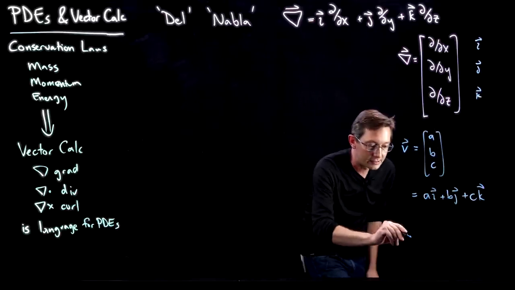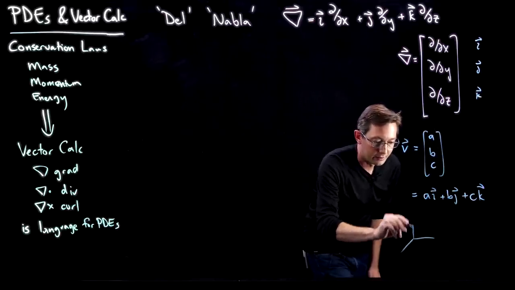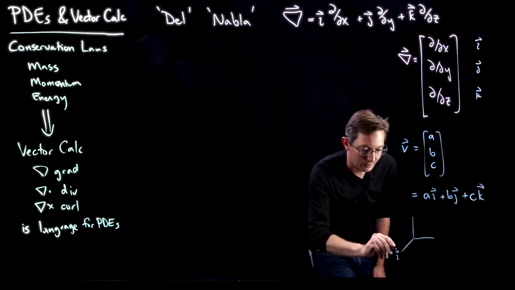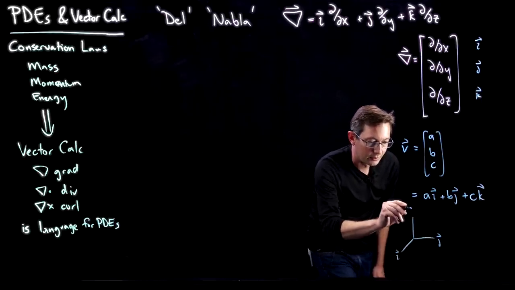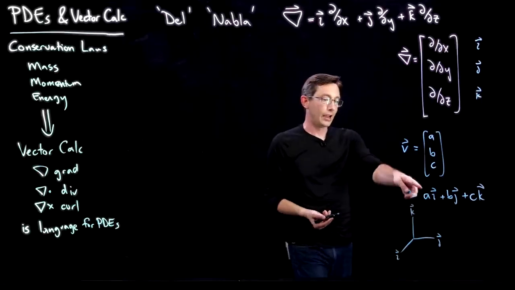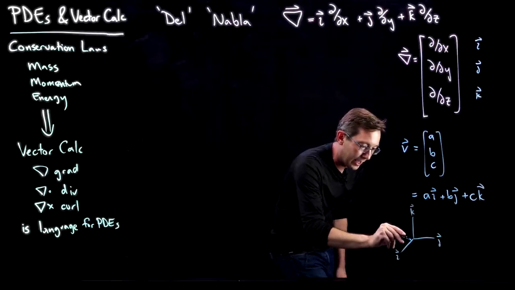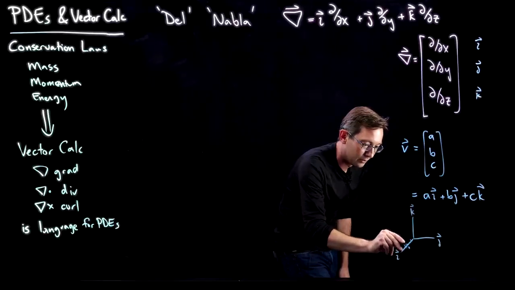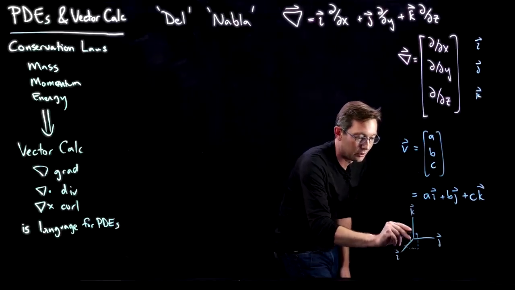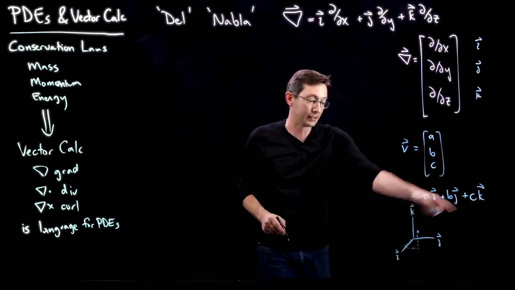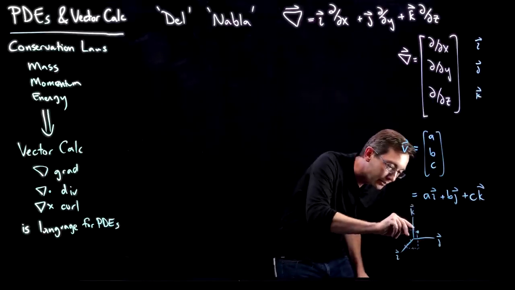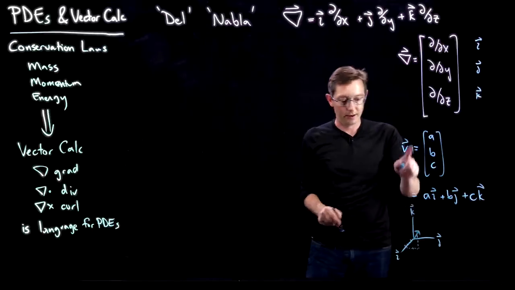I could draw this in my i, j, k coordinates as a steps in the i direction, b steps in the j direction, and c steps in the k direction. That would determine my vector v.